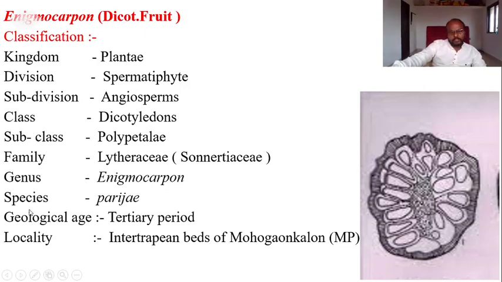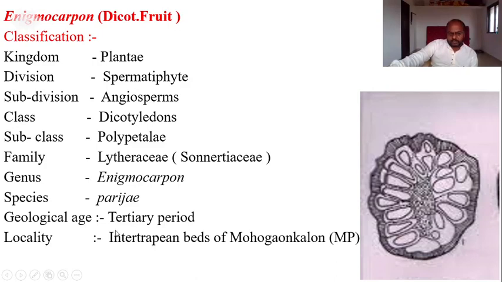The classification is like this: kingdom Plantae, division Spermatophyta, subdivision Angiosperm, class Dicotyledons, subclass Polypetalae, family Lythraceae or Sonneratiaceae. Two families are given, as there is a controversy regarding the character. Therefore, some scientists have kept this fruit in Lythraceae and others in Sonneratiaceae. Genus Enigmocarpon, and the species is parizii.